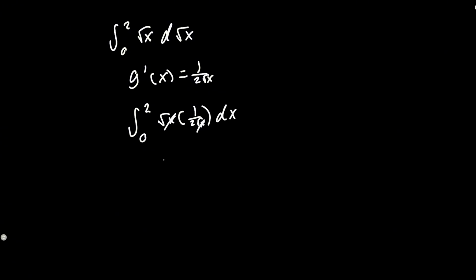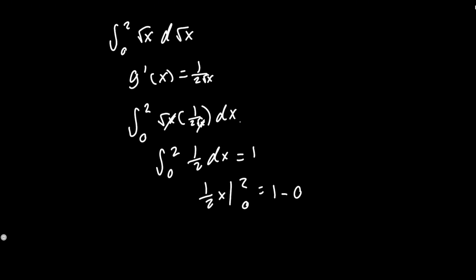Now we could rewrite this as the integral from 0 to 2 of 1 half dx, which just becomes 1 half x evaluated from 0 to 2. 1 half times 2 is just 1, and then we subtract 0, and that gives 1. So our original integral is 1.